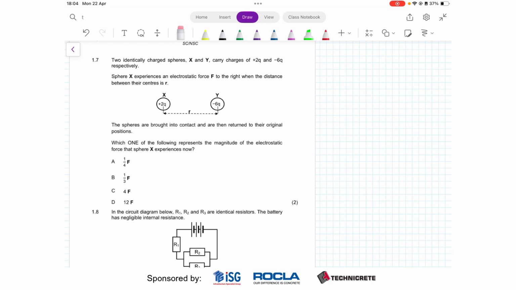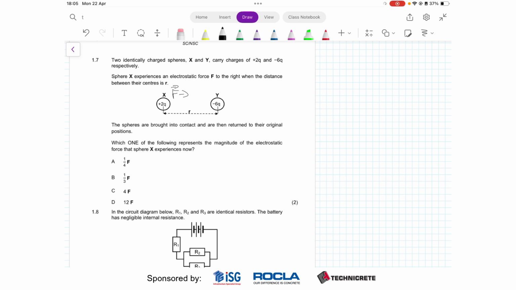1.7. Two identically charged spheres X and Y carry charges of +2 and -6 respectively. X experiences an electrostatic force F to the right when the distance between their centers is R. So their electrostatic force is in the right direction.